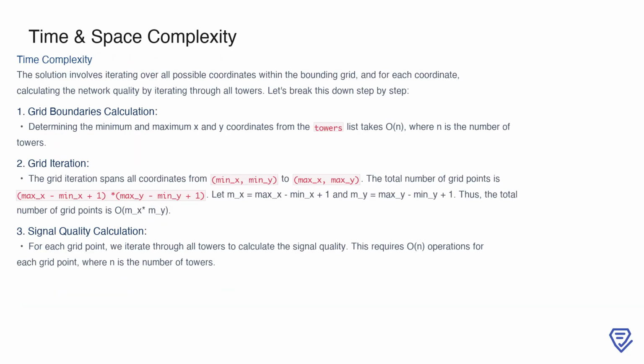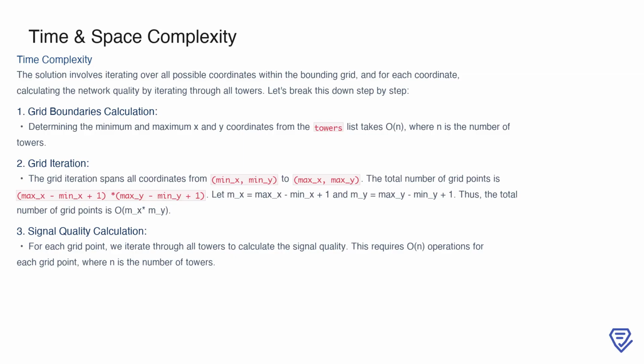When analyzing the time complexity of our solution, we start by looking at the individual components. First, calculating the grid boundaries involves determining the minimum and maximum x and y coordinates from the list of towers. This step takes n time, where n is the number of towers, as we simply iterate through the list to find these values. Next, we have the grid iteration.